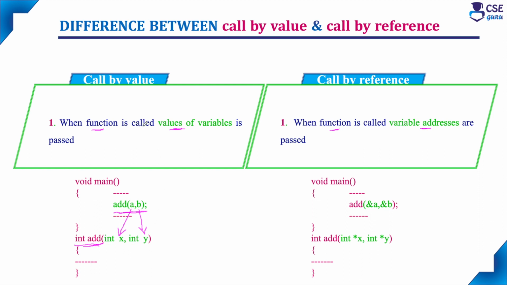So in call by value, the values of the variables will be sent. In call by reference, the address of the actual parameters will be sent to the formal parameters, not values. The memory location where the variable value is stored, that address will be sent to the formal parameters. So this is the first main difference.